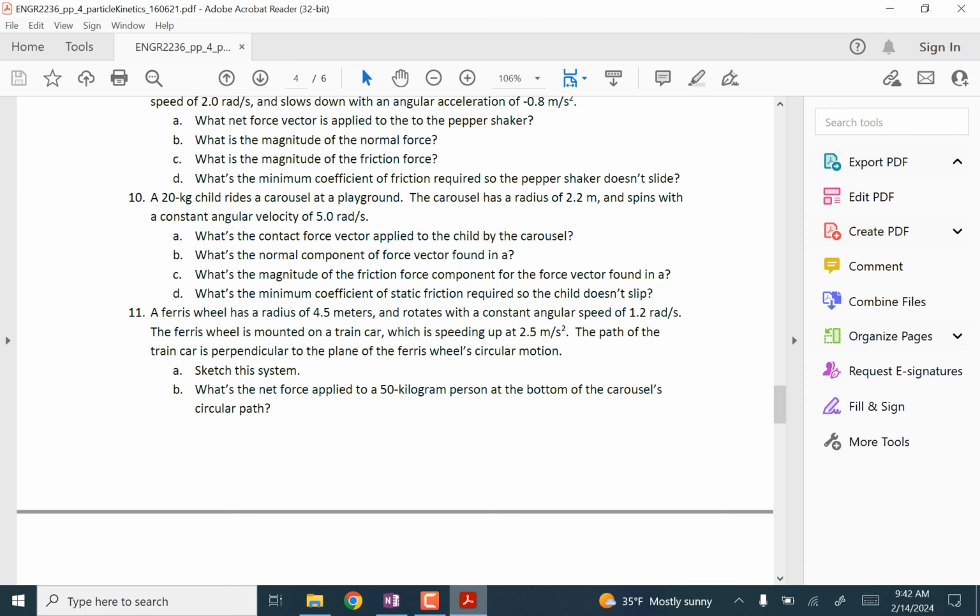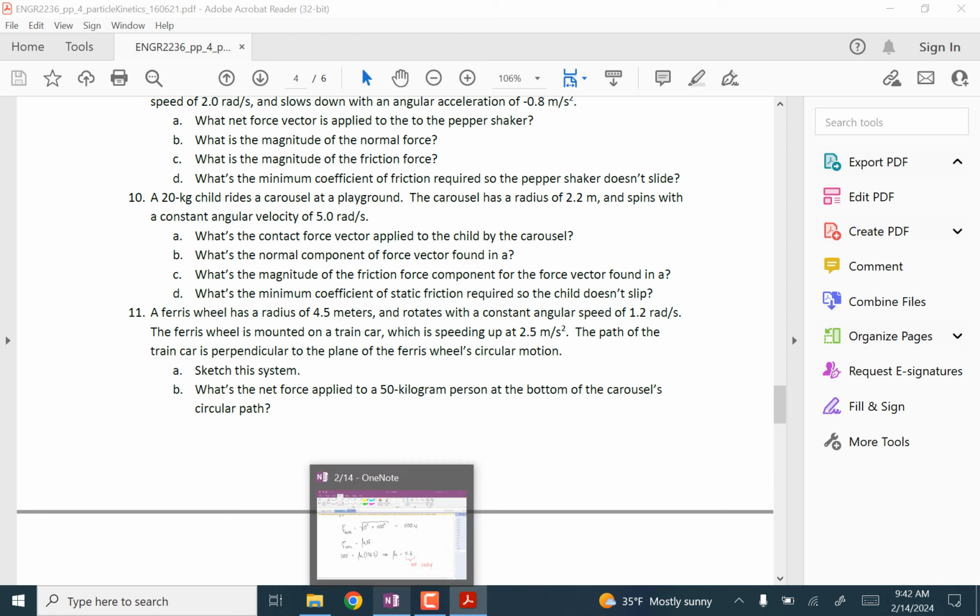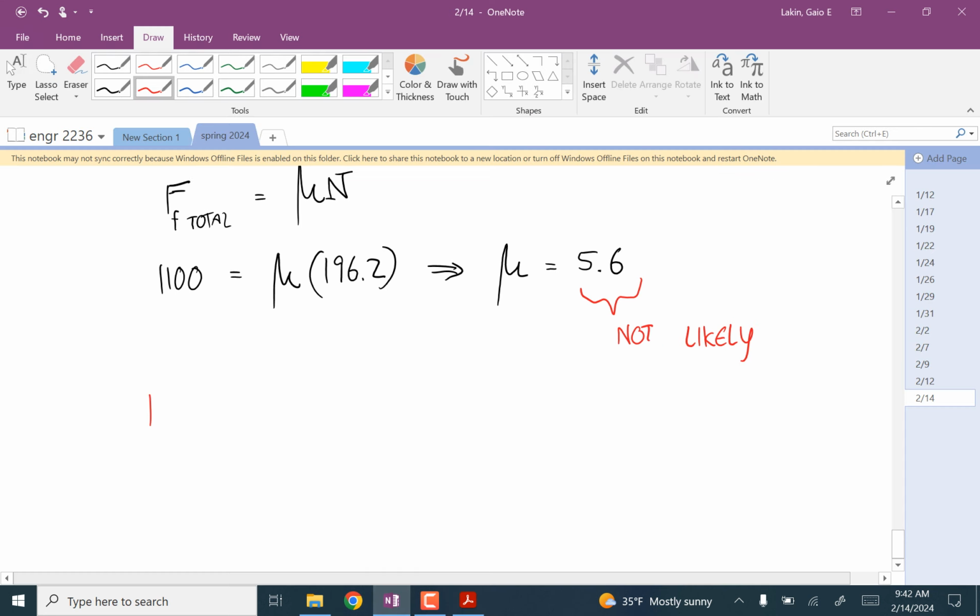Part A. What's the contact force vector applied to the child by the ground? Yes, that is right. So the F contact is the force of friction plus the normal force.